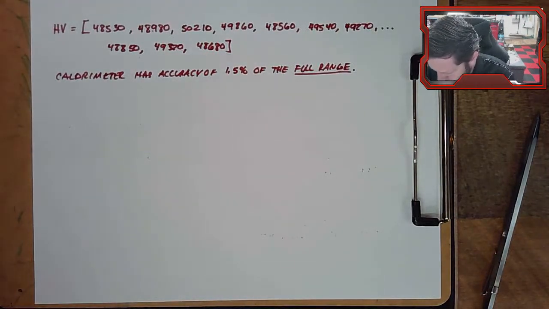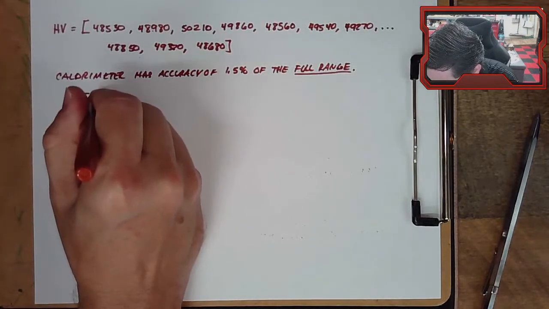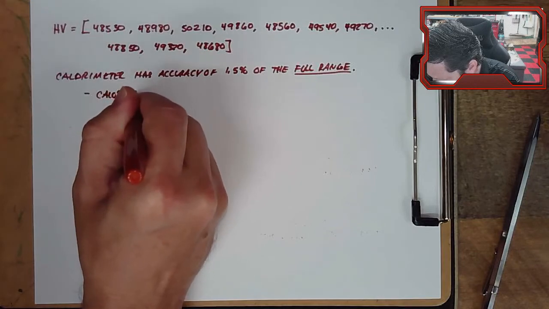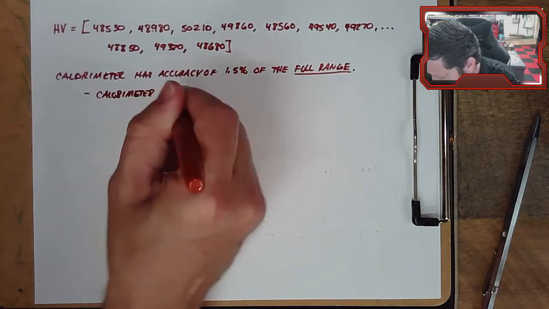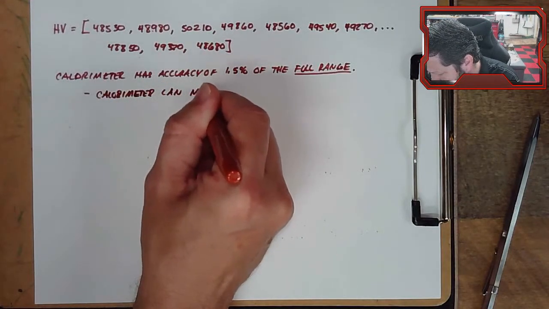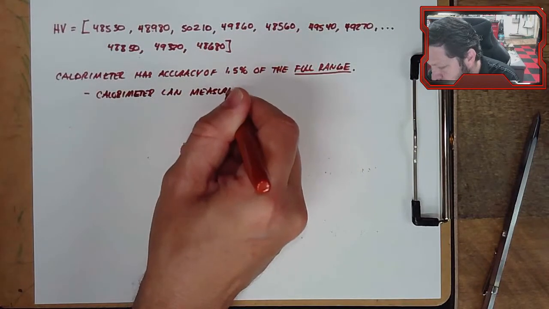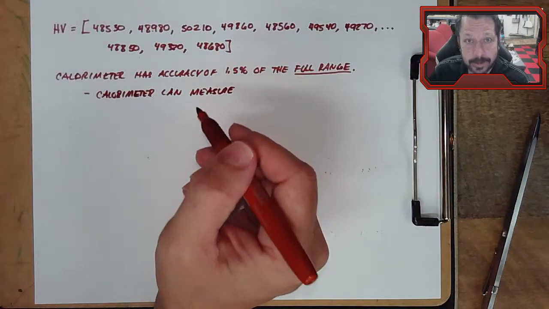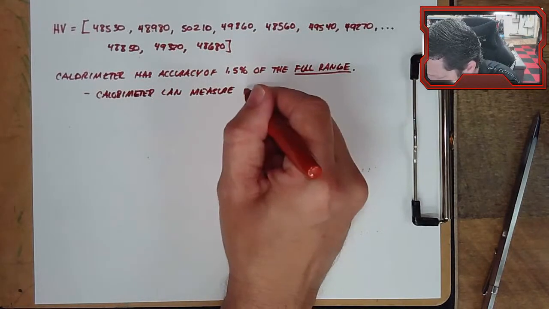So this calorimeter can measure, and this is from the data sheet on the calorimeter. Whether or not it's true numbers, I don't know, but that's what we're going to use.